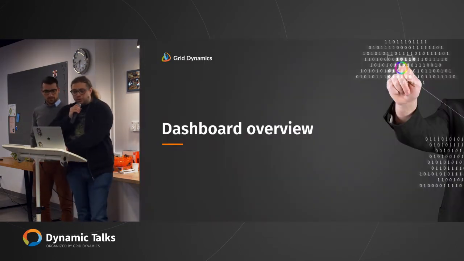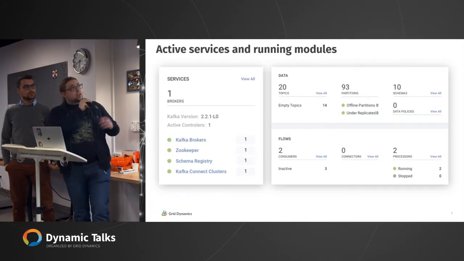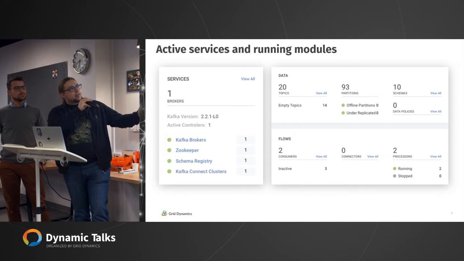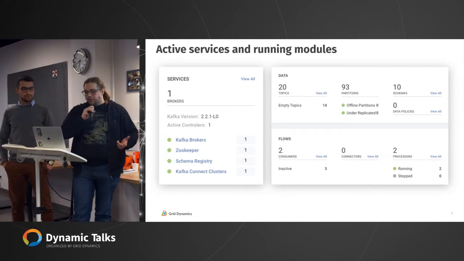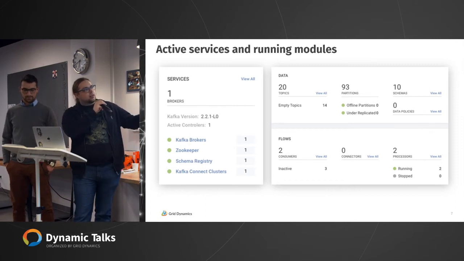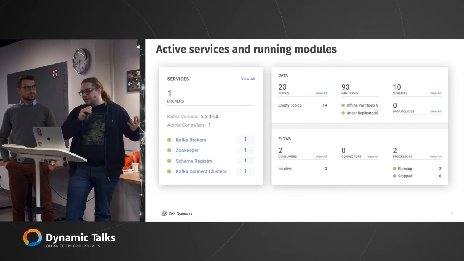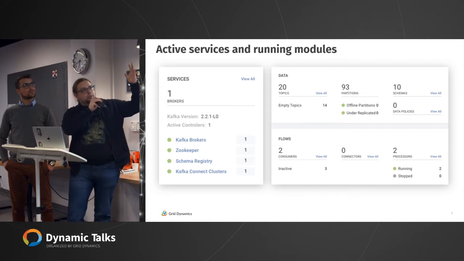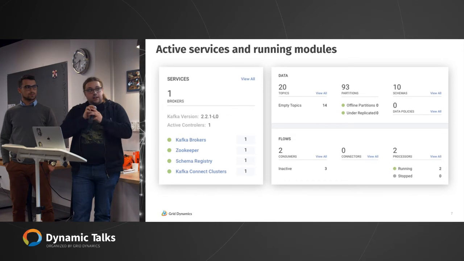So what can you do and what can you see in Lenses? On top is the dashboard, and that's the dashboard from their out-of-the-box Docker image. You've got a fully functional Kafka environment with broker, zookeeper, schema registry, Kafka Connect cluster, with an overview of the amount of data within your infrastructure, and the amount of running systems on top of it.